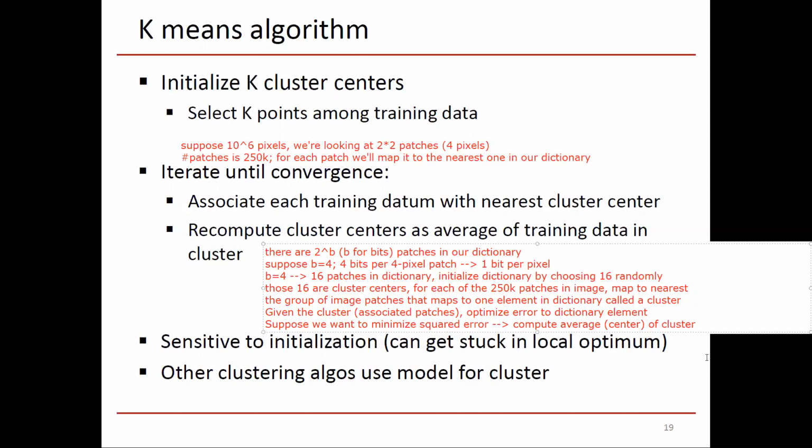Now, if we want to minimize another type of error, for example, imagine that you reach a conclusion that the human eye in smooth areas of the image is very sensitive to error, and around edges of the image is less sensitive. So maybe because of that, it would make sense in smooth areas of the image to require a greater fidelity, and around edges, when the image is jagged, maybe a reduced fidelity.